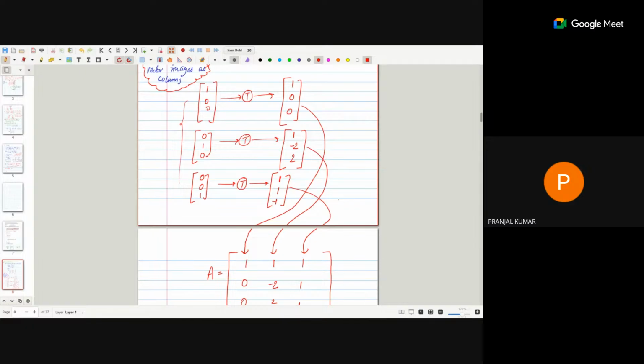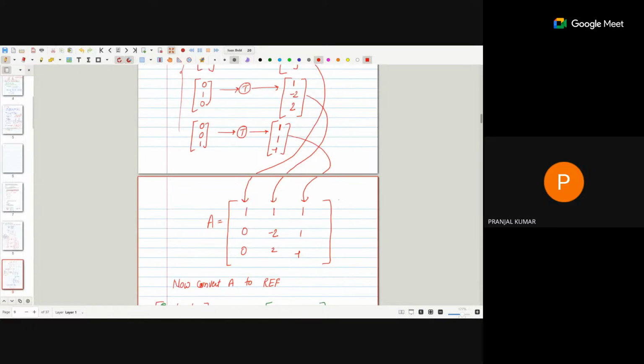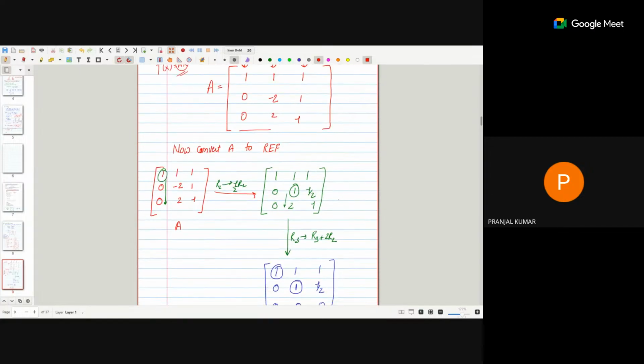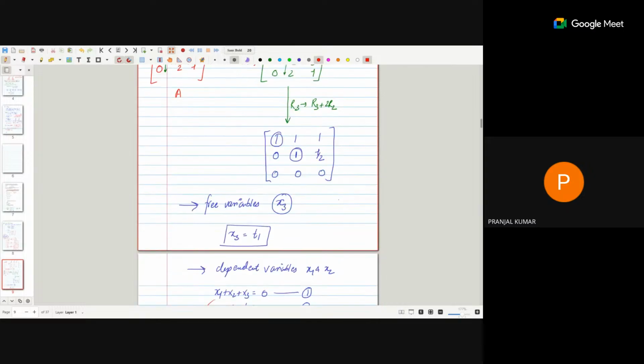So these are the images, and we place them in a matrix. Now we have got the matrix corresponding to this linear transformation. Now we can easily find its nullity and null space. So we start converting it to its REF. Do you want me to explain each of these steps, because I have already completed it, or do you want me to just explain this?